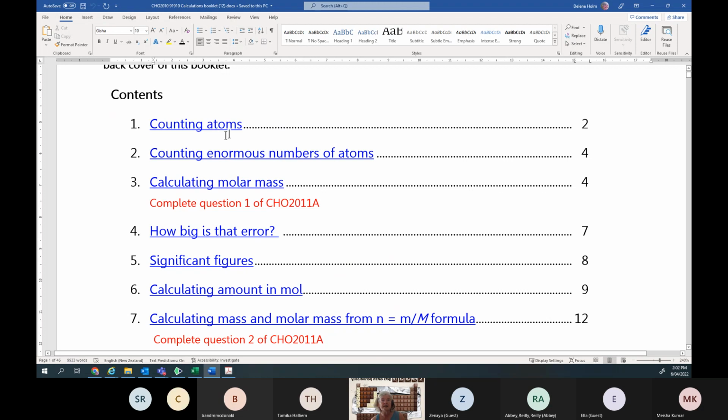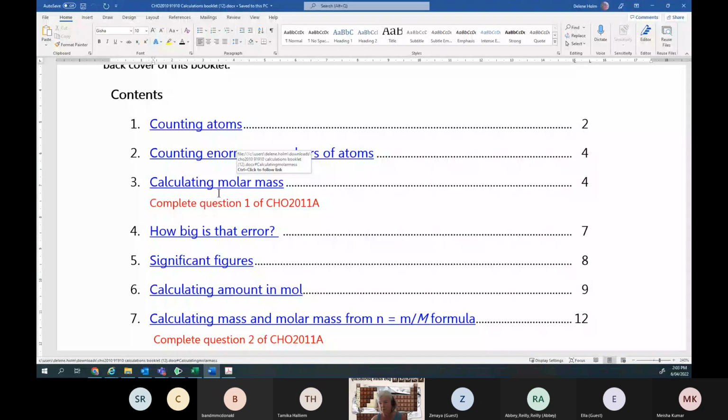And then we worked out how we could work out the mass, and we introduced this term mole, which is like how we count. So we could say a dozen eggs means 12. When we talk about a mole of atoms, it's 6.02 times 10 to the 23 atoms, which you don't really need to know. You just work with the masses given on the periodic table.